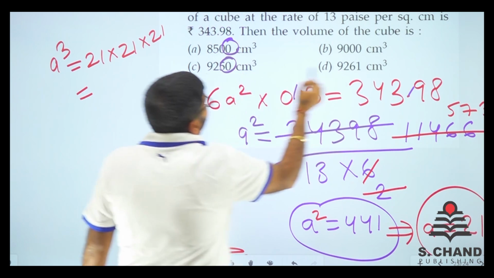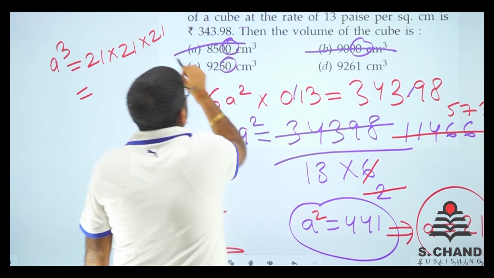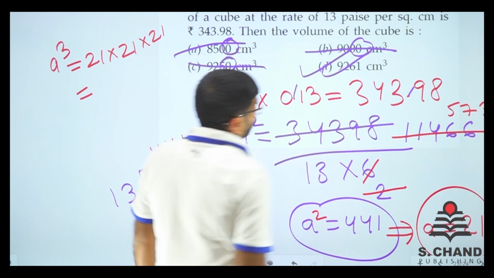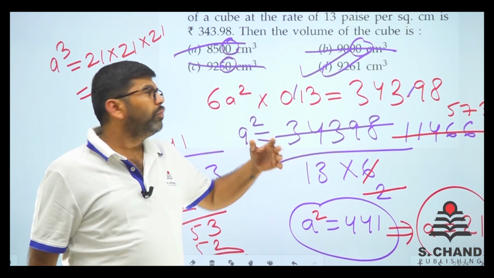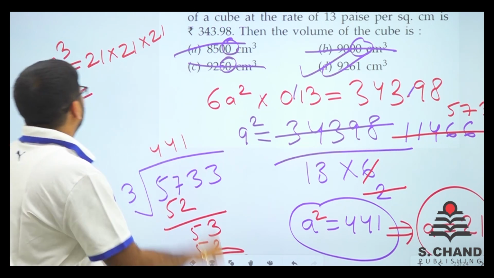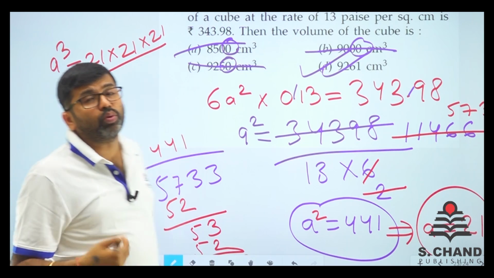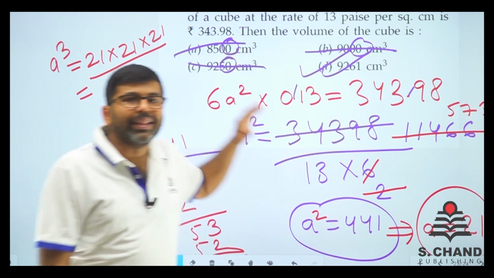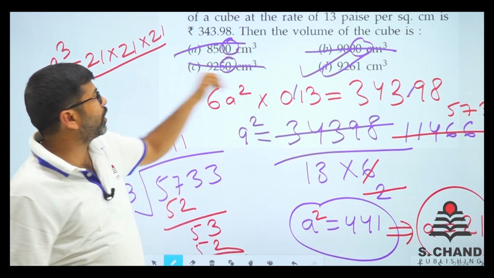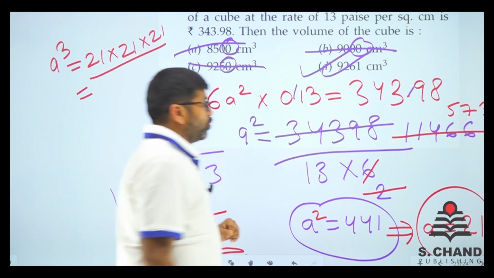But these 3 cannot be the cubes, right? So the answer is 9261. If there is none of these or there are 2 options with the 1, we could have found out. But I generally try to do something faster in a simplified manner. So the cube of 21 comes out to be 9261. Let's move on to the next question.